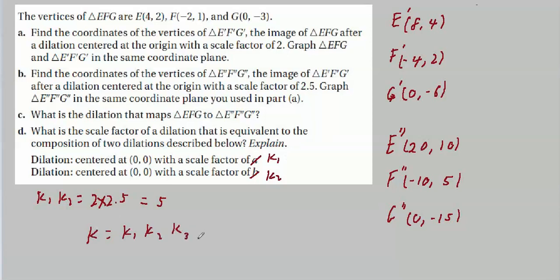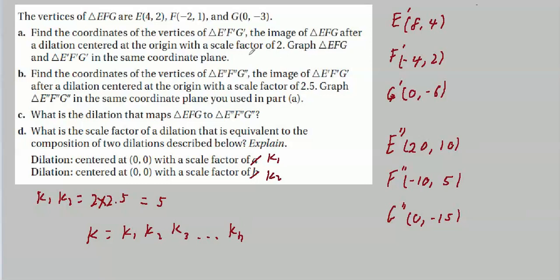Dot, dot, dot usually stands for all the rest of the stuff in the sequence, all the way up to K sub 53. Or, to be even more general, K sub n. You could have 500,896 dilations. Simply multiply your scale factors together, and that will be the scale factor you would use if you just wanted to perform one dilation that accomplished the same thing.